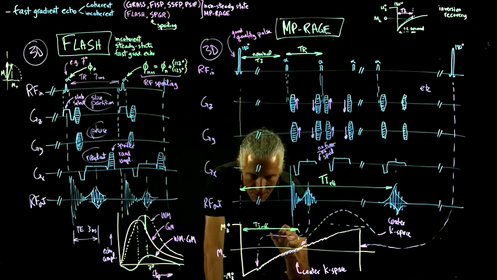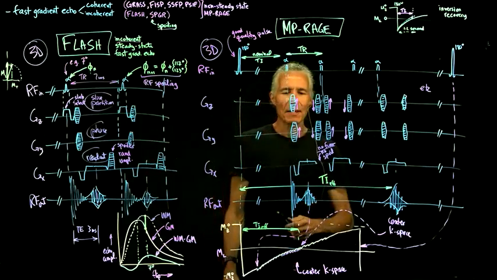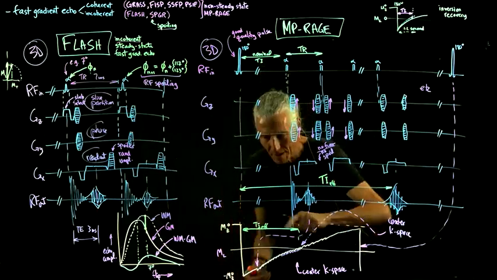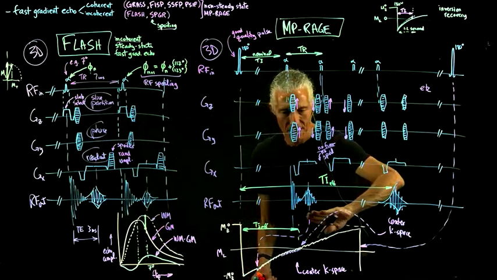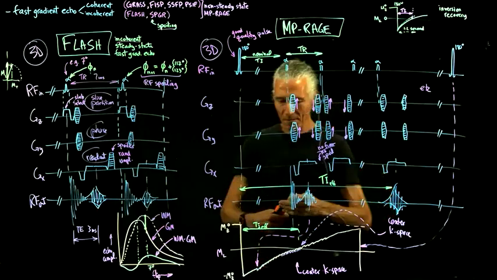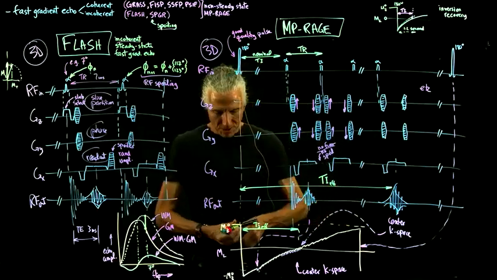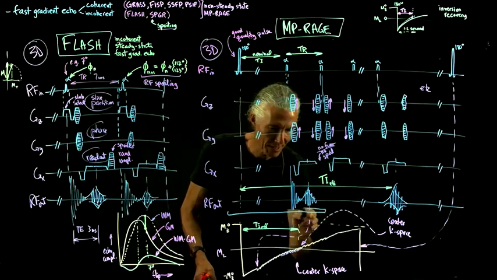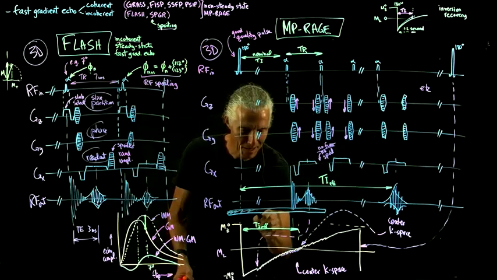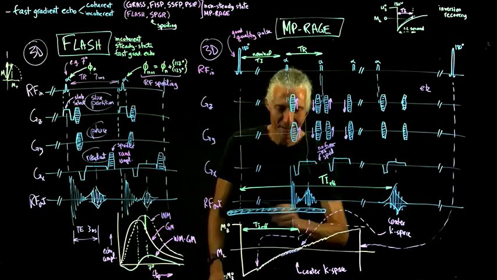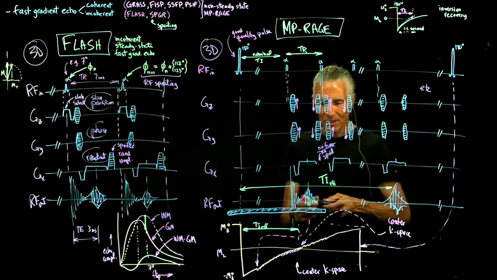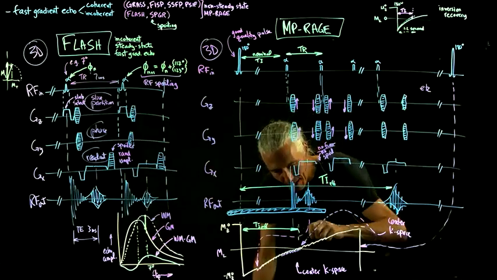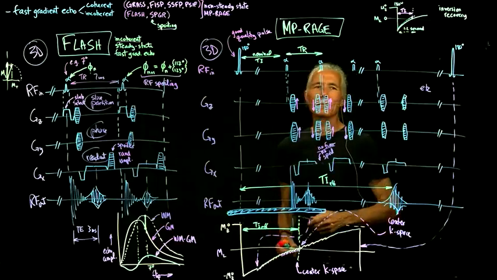And the scanners differ on how they, let's put a boundary in between there, because these times are not lined up. That's a little boundary. So here's the TI effective. It's the time when you get to the center of k-space.